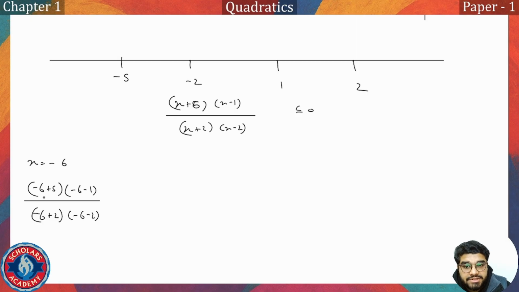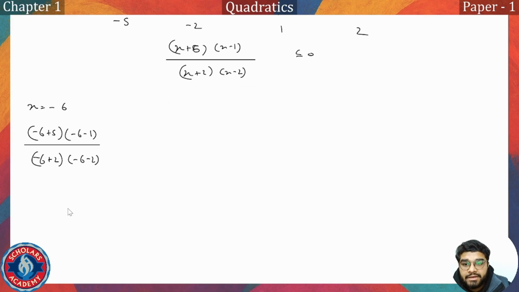Then only we'll choose this interval. So let's check whether it is less than 0 or not. So -1 times -7 divided by -4 times -8. All the values are negative, which means the product will be positive. It is 7 upon 32. It is a positive value. This value is greater than 0 and we will not choose it, because we need those x which will make this inequality less than 0, right?